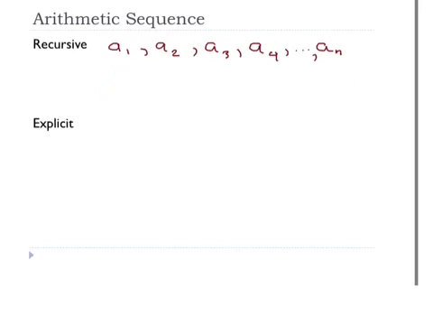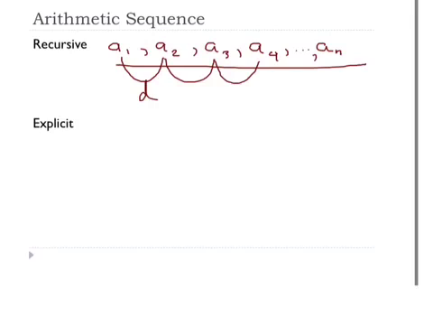Arithmetic sequences. Okay, so as we mentioned before, a recursive formula requires you to use the last number. So if I wanted to use the recursive formula to talk about this particular sequence, there are a couple of things that I need to know. I need to know what the common difference is. Do you remember what variable we used?